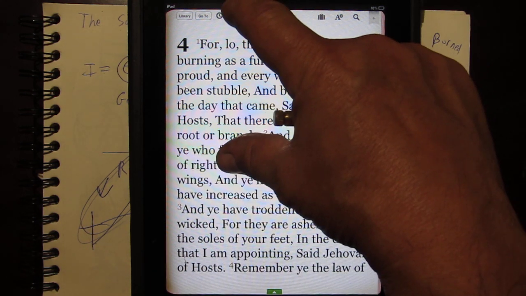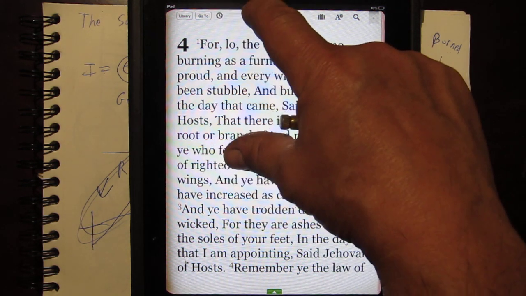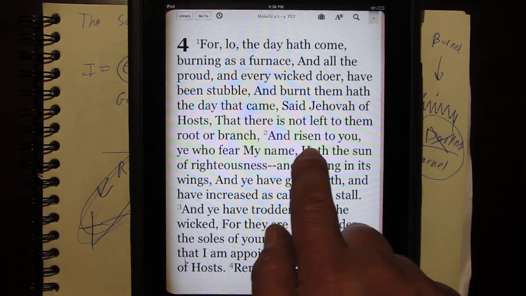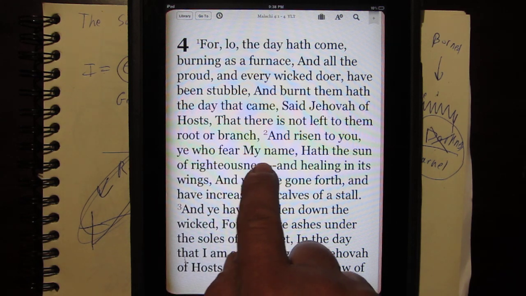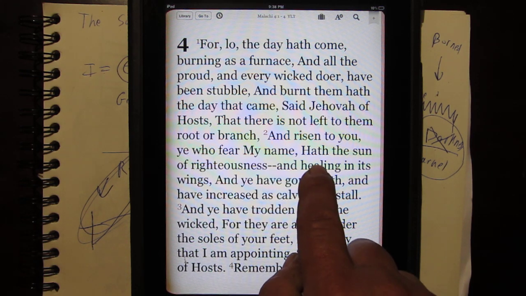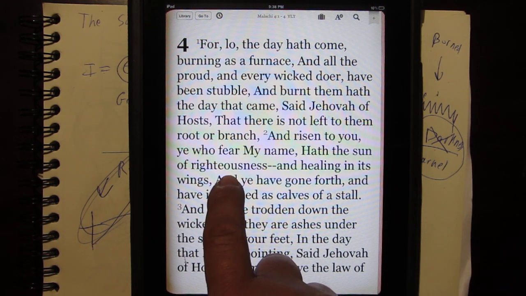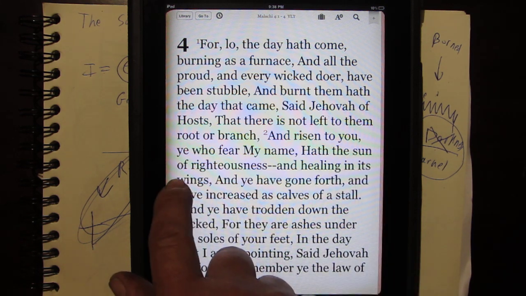This group of people, the darkness, has the fire. And this group, this is 4:2 now, ye who fear my name, hath the Son of righteousness risen to you. And see, Son of the light of righteousness.